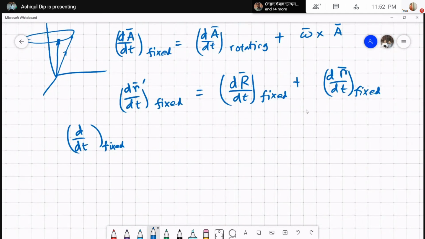So what is this thing, dr prime over dt fixed? It is basically V fixed, right? The velocity seen by the fixed observer, the frozen observer. Because r prime was the coordinate seen by the frozen, non-moving observer, and r is the coordinate seen by the rotating or translating observer.